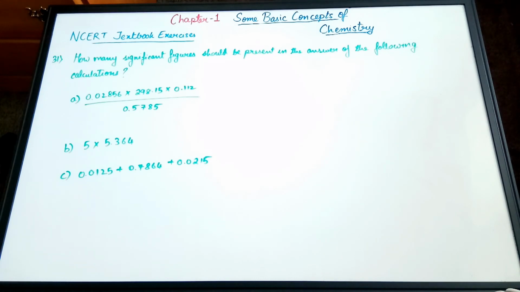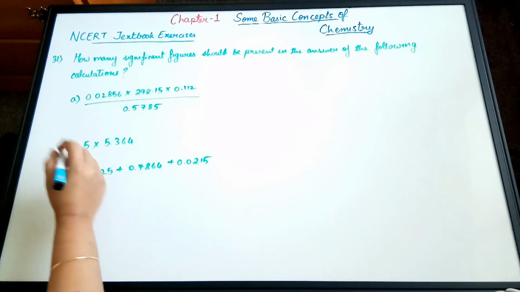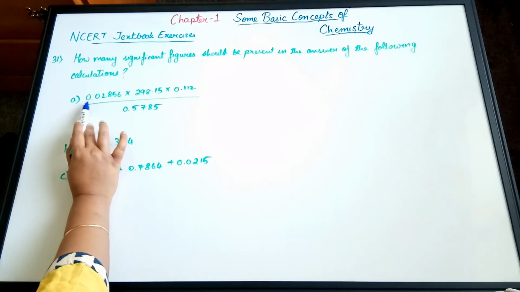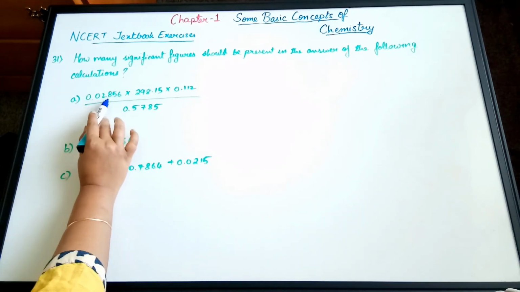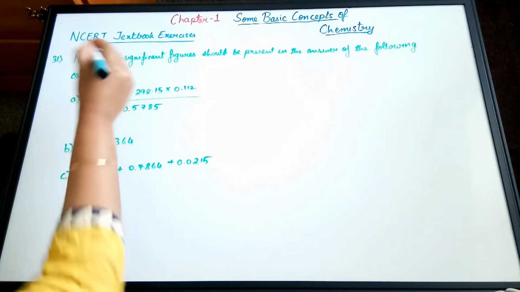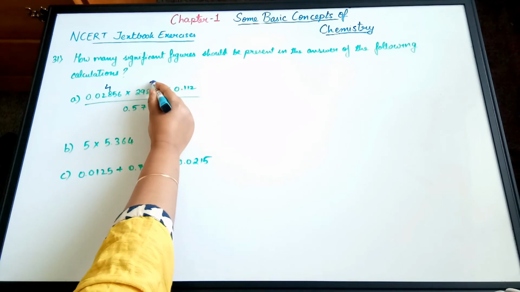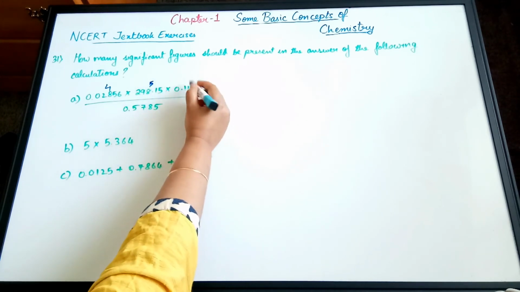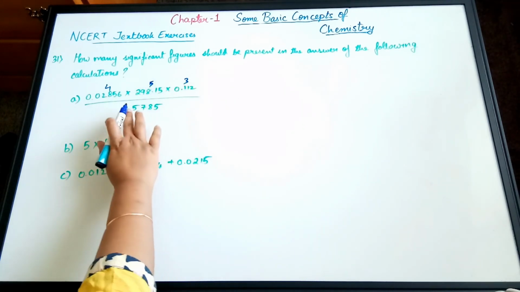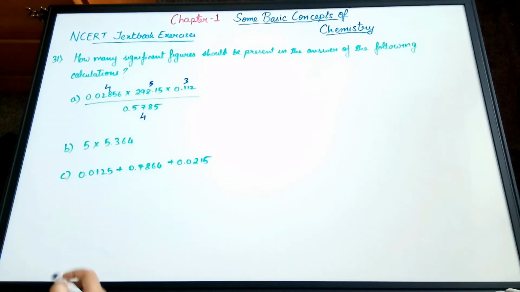So instead of telling you, okay fine, I'll just show you this. So this number has 1, 2, 3, 4, 4 significant figures. This number on the other hand is 1, 2, 3, 4, 5 significant figures. This has just 3 significant figures and this has 4 significant figures.